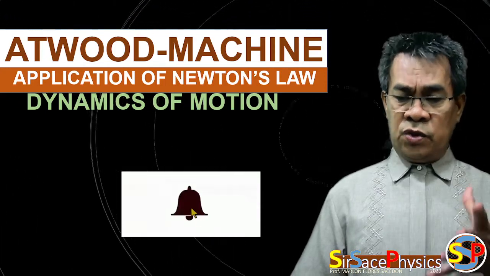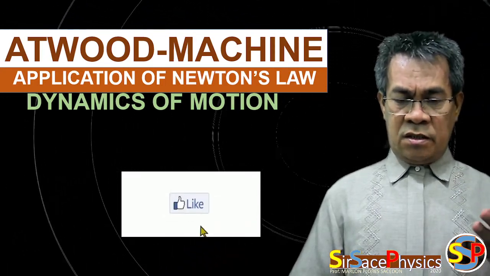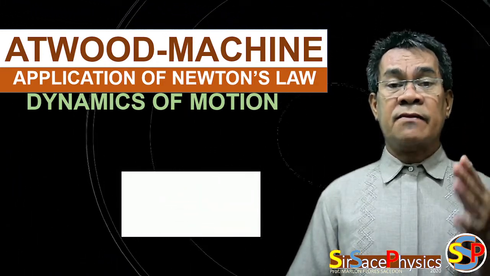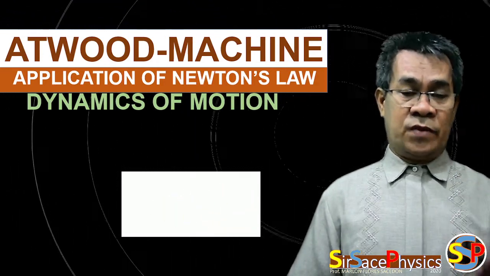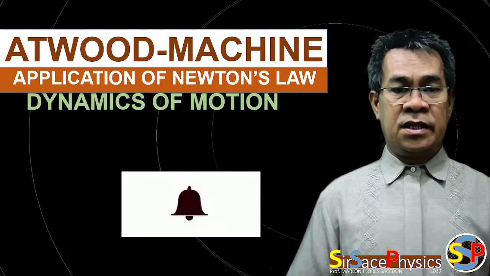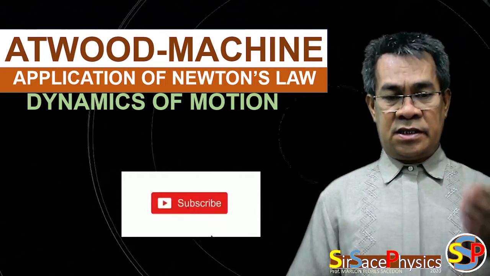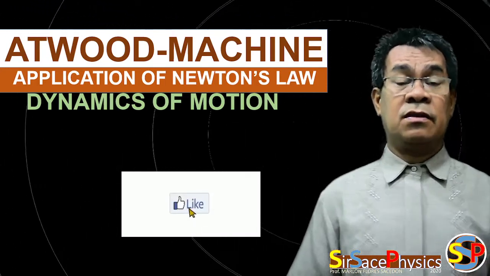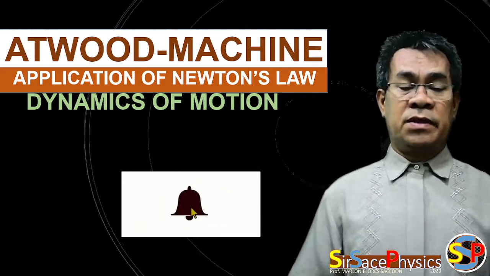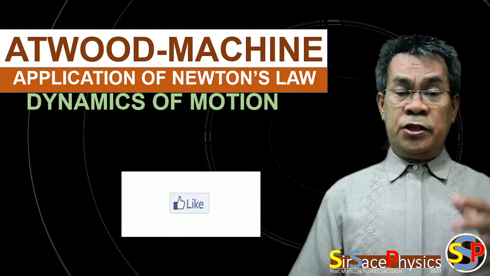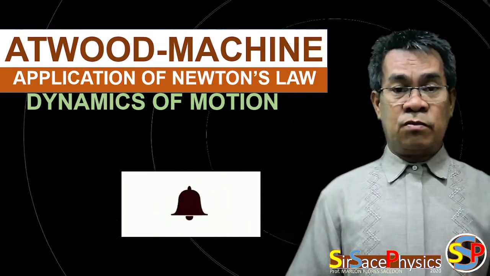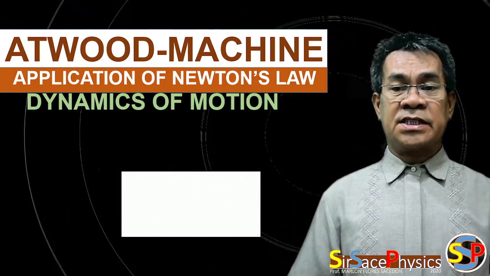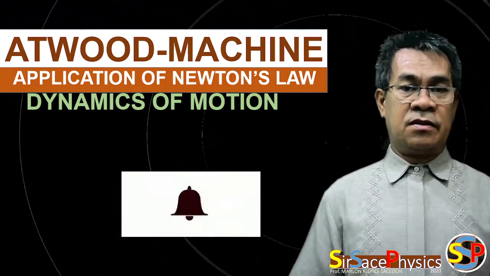Now, in order to use the formulas or the laws of Newton, we badly need the so-called free body diagram. We learned in our previous topic that the free body diagram is a diagram showing all forces on the particle. Which means that in order to apply Newton's laws of motion, we should know what forces are acting on the particle.